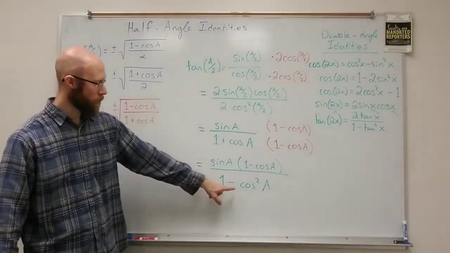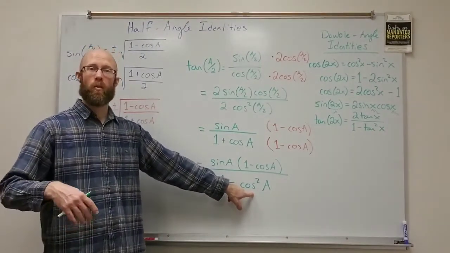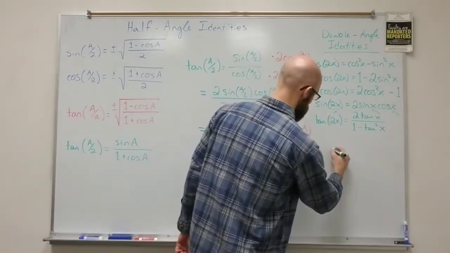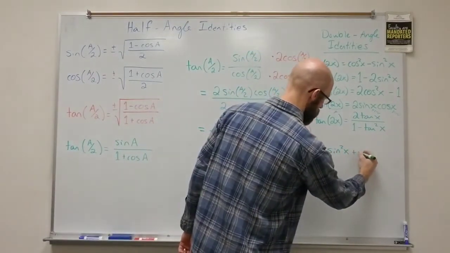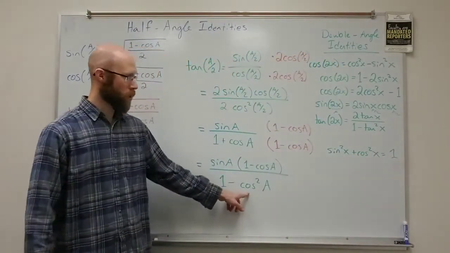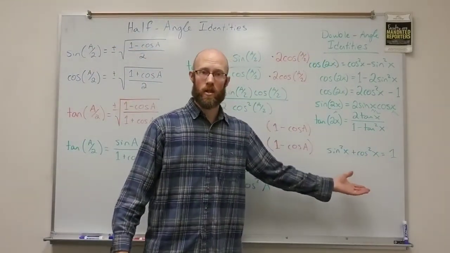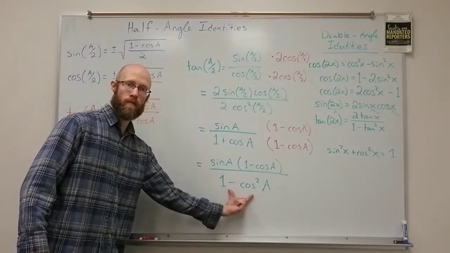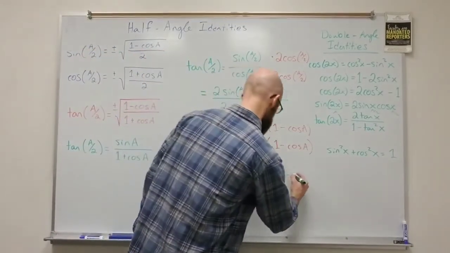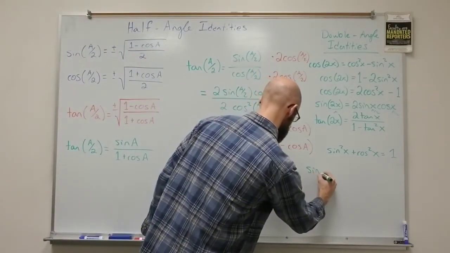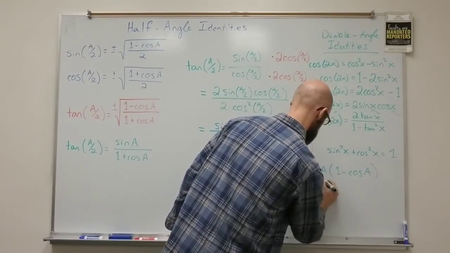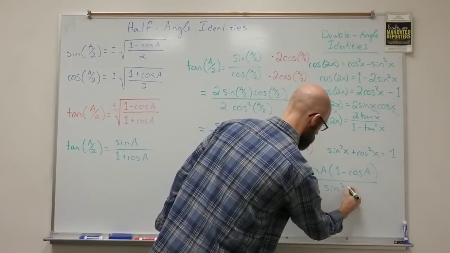And so here, 1 minus the cosine squared is one of our other identities, a Pythagorean identity. Remember that the sine squared of an angle plus the cosine squared is equal to 1. So if you subtract the cosine squared off from both sides, you really get the sine squared. So this thing down here, based upon a Pythagorean identity, is the sine squared. And so we end up with the sine of A times 1 minus the cosine of A all over the sine squared of A, right?